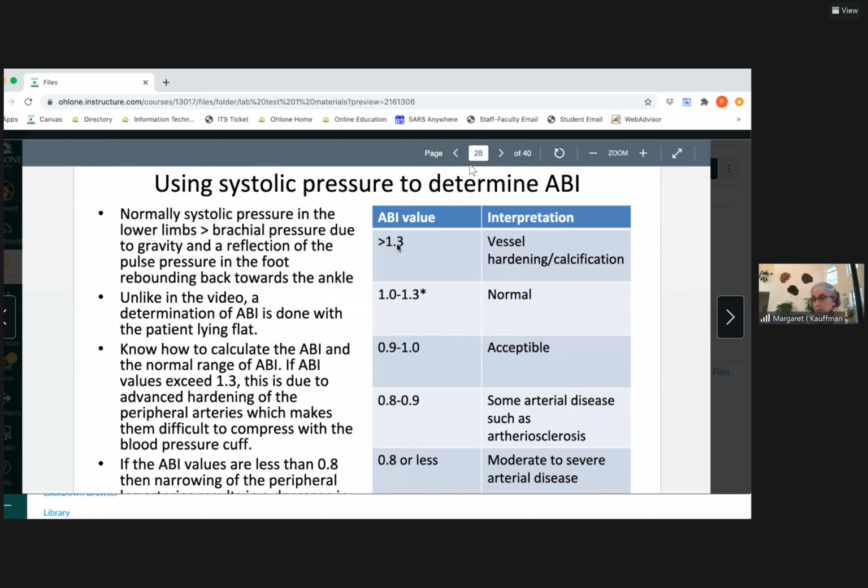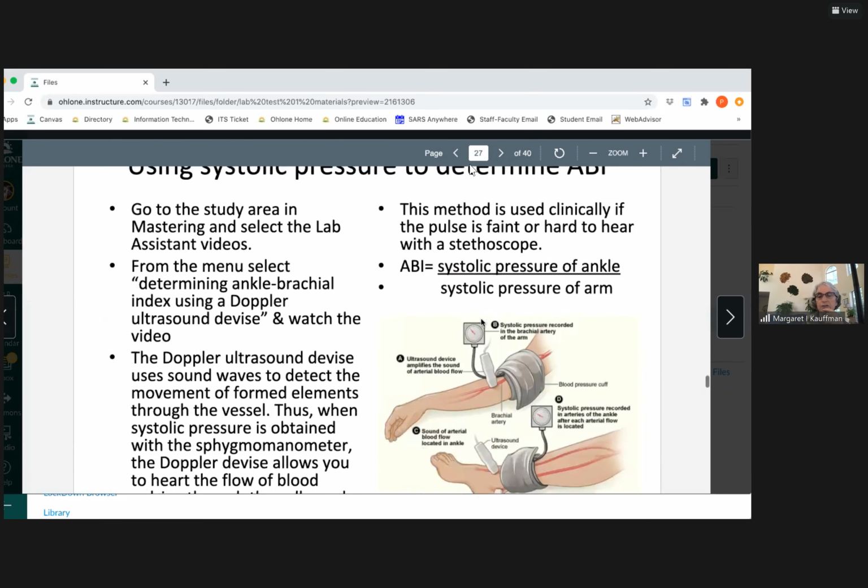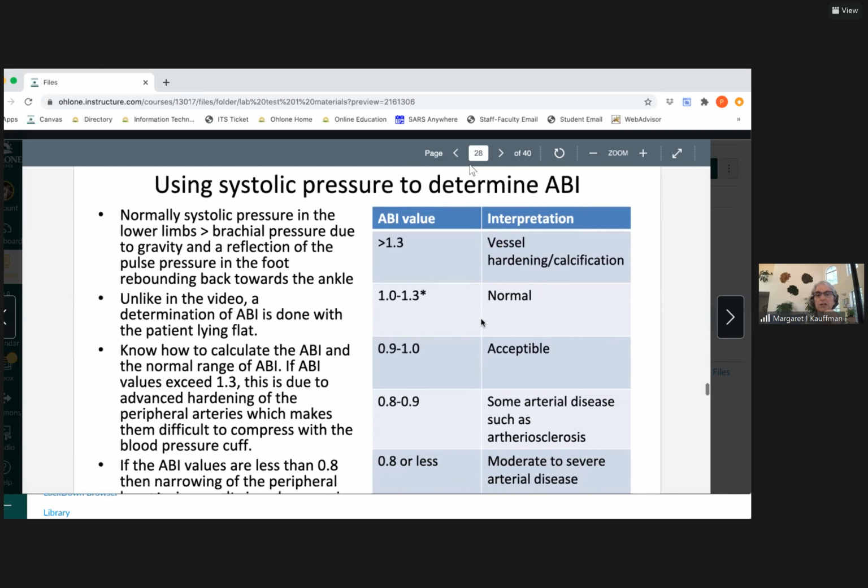Here they're giving you these values. If the ratio was fairly similar, or a little bit higher at the ankle than the brachial, then that's fine. Acceptable would be here. And if it starts dropping, then you're potentially seeing occlusion or partial occlusion of the large arteries, which arteriosclerosis can cause.